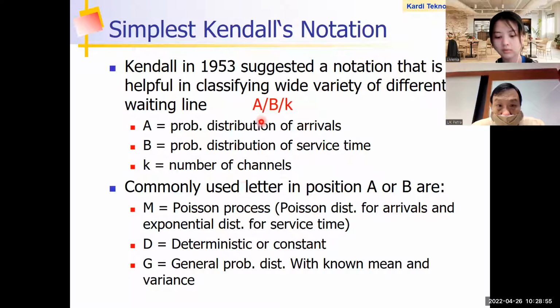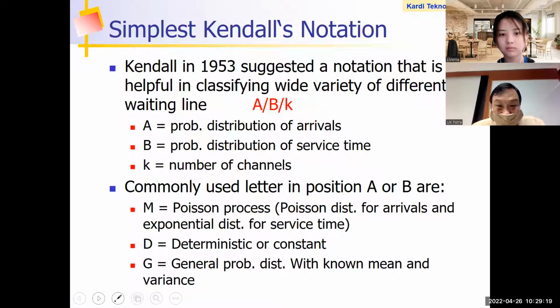So again, Kendall notation. A and B you can replace by M, D, or G, or something else. For example, for Erlang distribution we will put E. But in our course we will just talk about these three. Actually less than that, mostly about M.